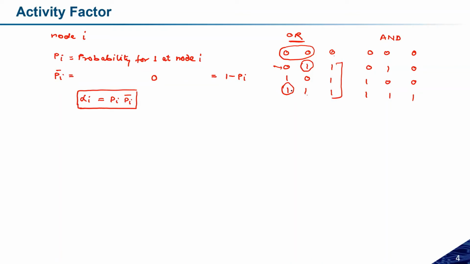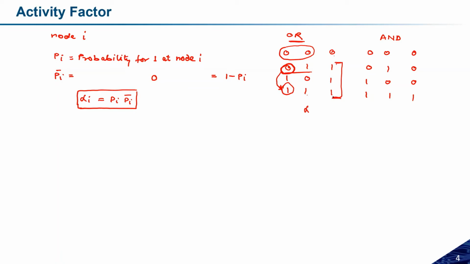Initially the input was 0 1 for the two-input logic, and now I have changed the first input from 0 to 1. Even so, there will be no transition at the output side, so the switching probability will not change. It will give the same logic.